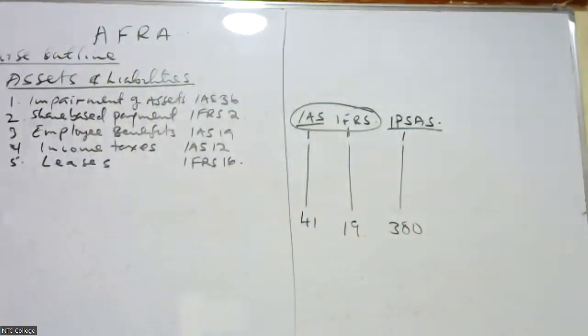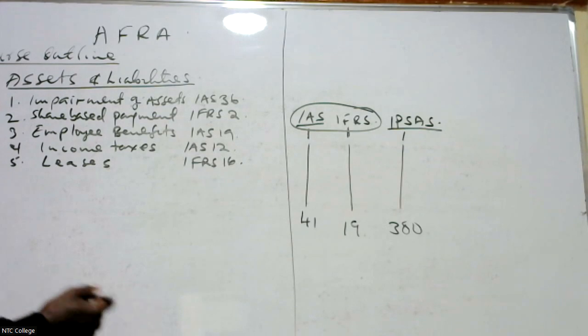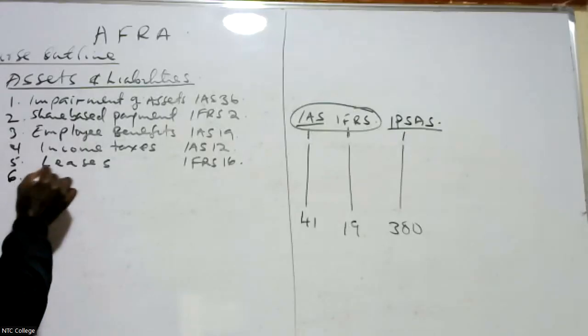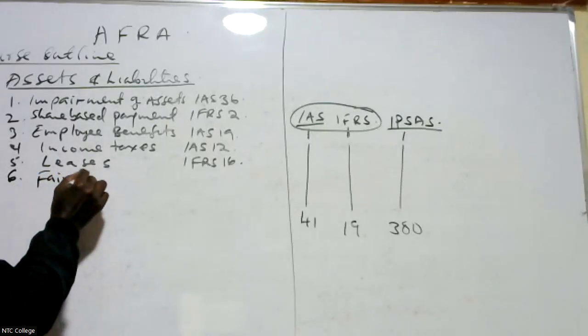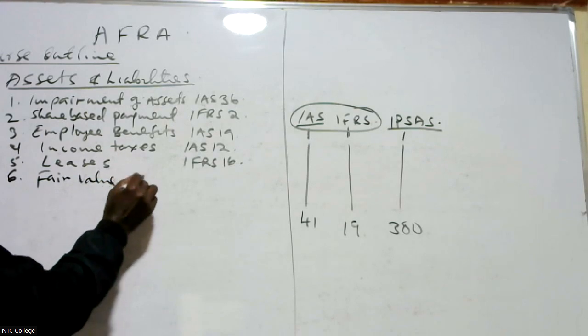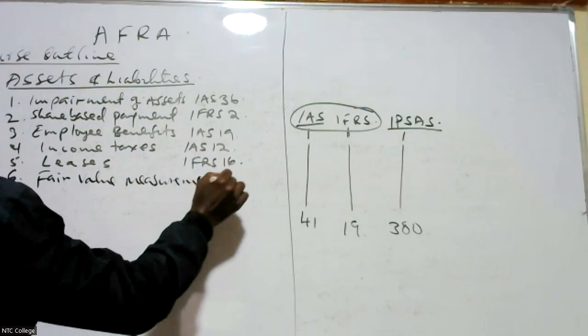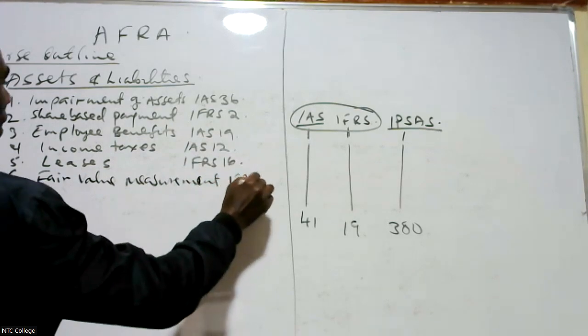Okay. I said number one is impairment of assets. Number two, share-based payment. Number three, employee benefits. Number four, income taxes. Number five, leases. Then number six is fair value measurement, IFRS 13.